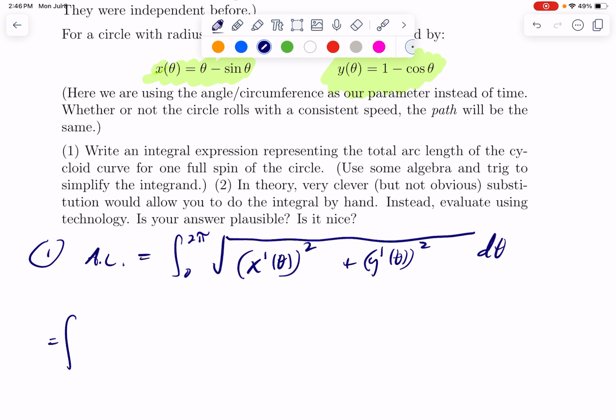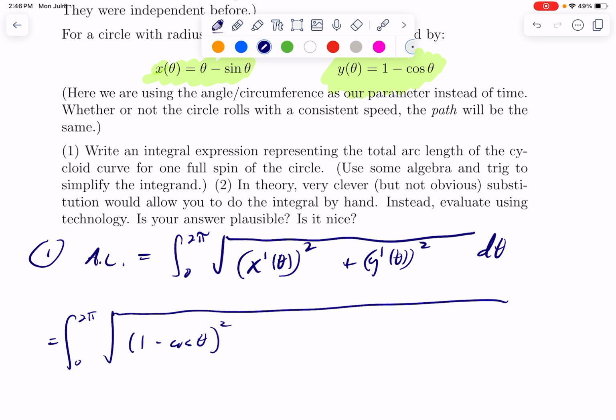So our first derivative, here I mean the derivative we do first, so that would be 1 minus cosine theta, and the other would be sine theta. Derivatives here aren't too bad.